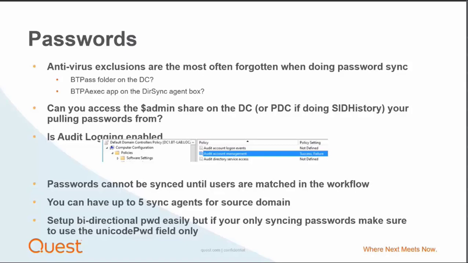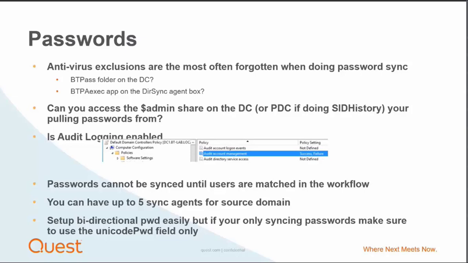A couple things that are important from a tool configuration, a product configuration perspective, is making sure you understand that while we have separated out the password synchronization component of ODM DirSync, the way we do password synchronizations is still based on the matching that has to happen within the DirSync workflow, okay?